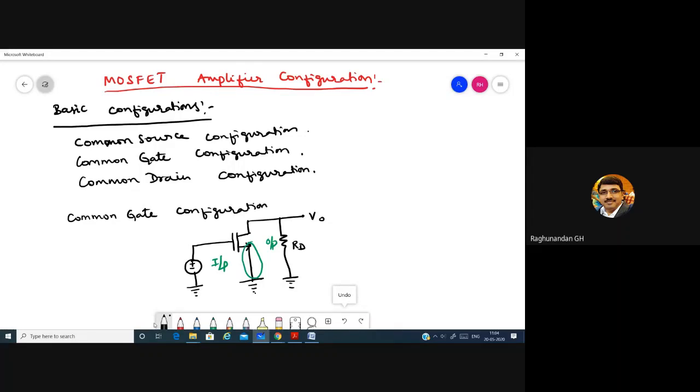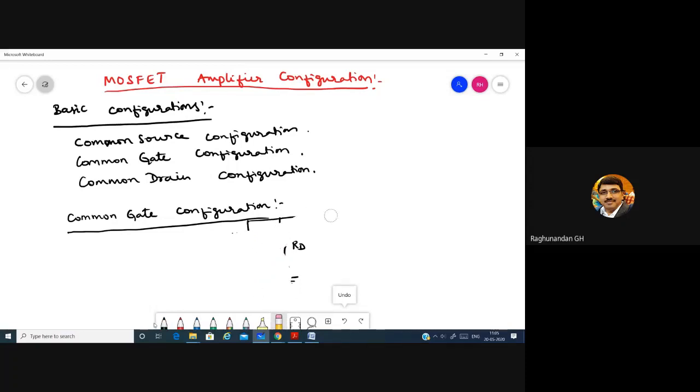The common gate configuration, or sometimes it is discussed as common gate amplifier also. So in the common gate amplifier or common gate configuration, we will have the gate as the common terminal for the input and the output.